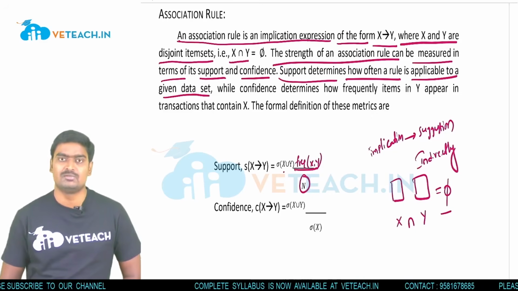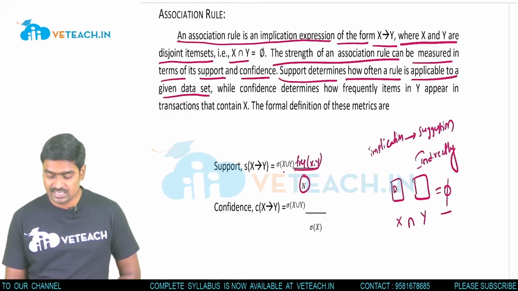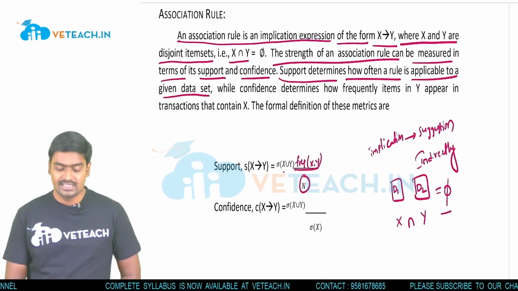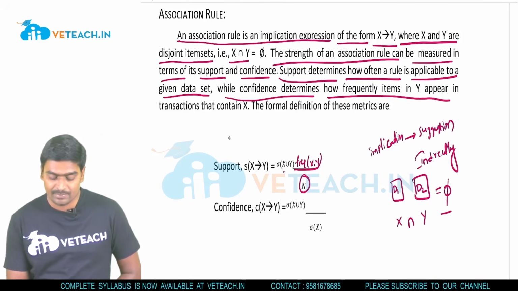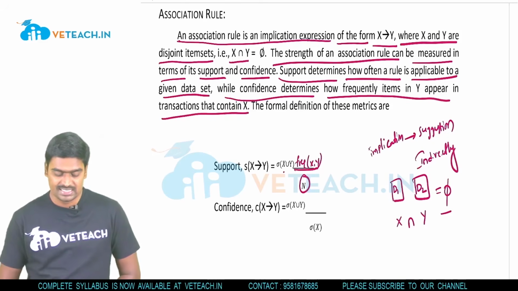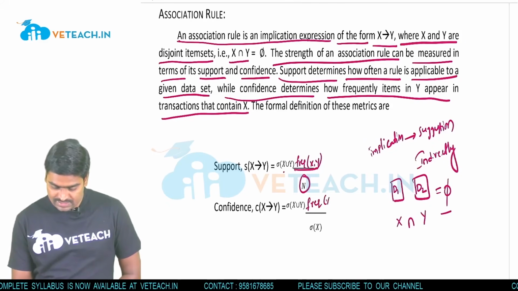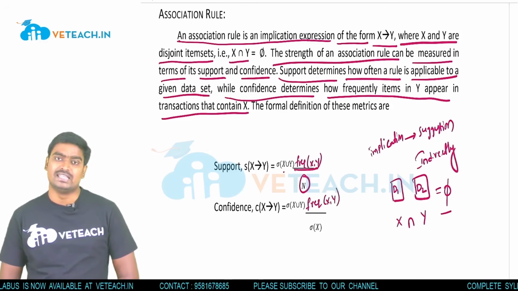Confidence determines how frequently items in Y appear in the transactions that contain X. It is the frequency of X comma Y divided by the frequency of X.